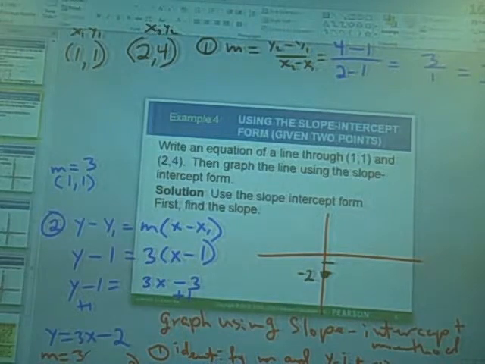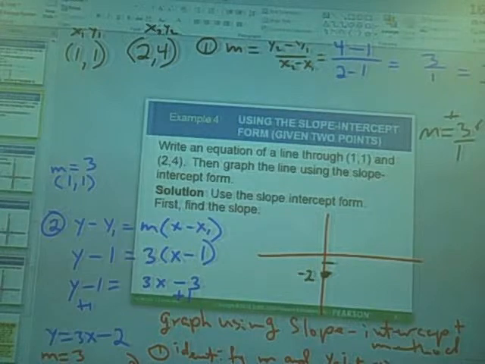So basically, since slope is 3, what this means is because it's positive, we're going to rise 3 and we're going to run 1. Because it's positive, we're going to go up 1, 2, 3 and across 1.